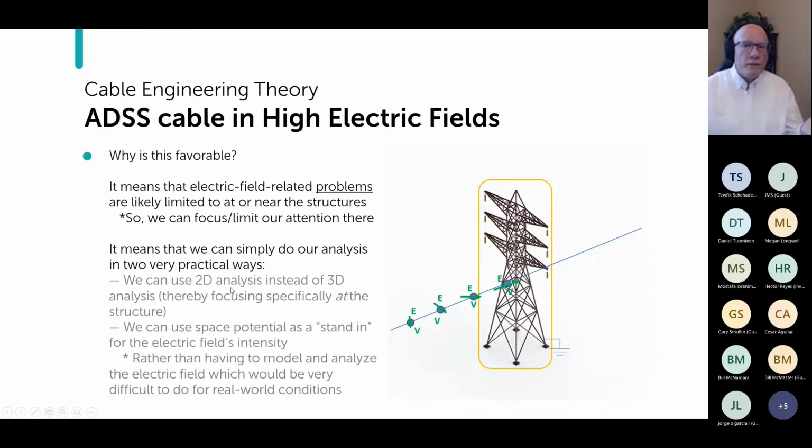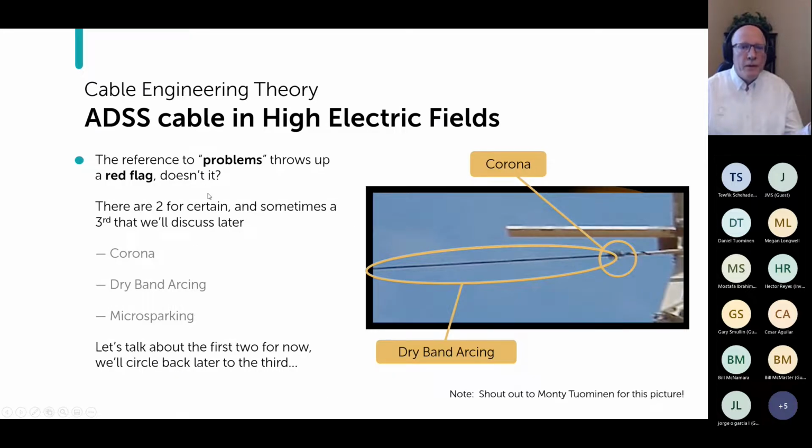So I said we can look for problems close to the structure. What are those problems, right? Well, there are two for sure, and then a third that we'll talk about later. We'll circle back to it at the end of the presentation. The two big ones are corona and dry band arcing.